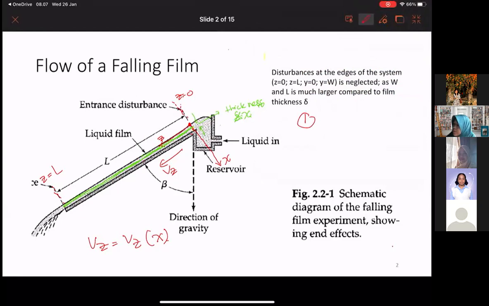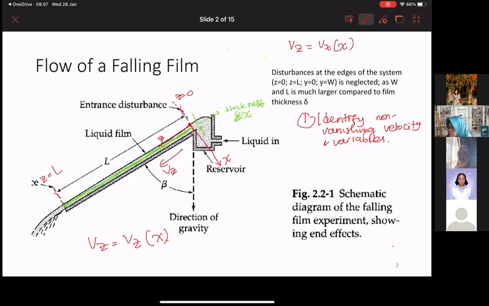Okay, so first is to identify the non-vanishing velocity components and variables. We have done that before, so we know that we have vz, but it is a function of x.